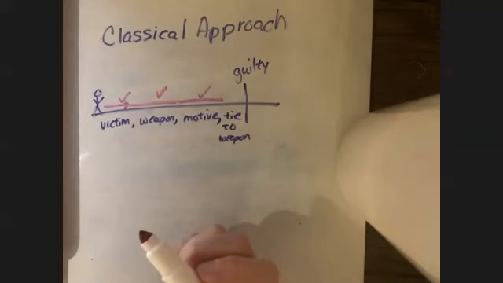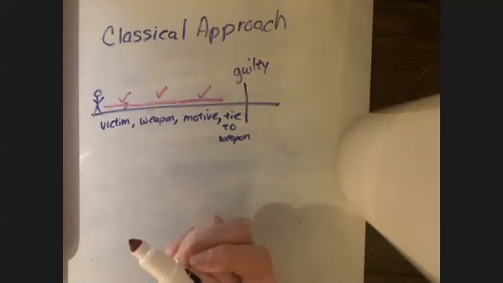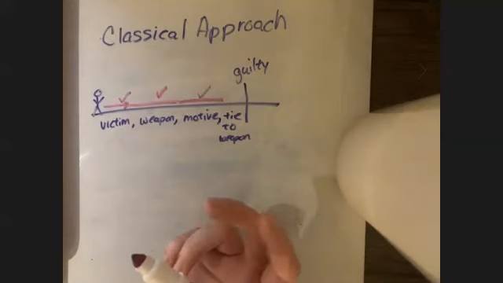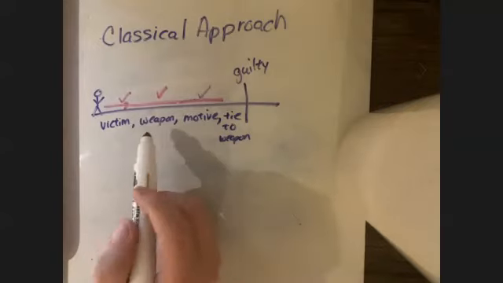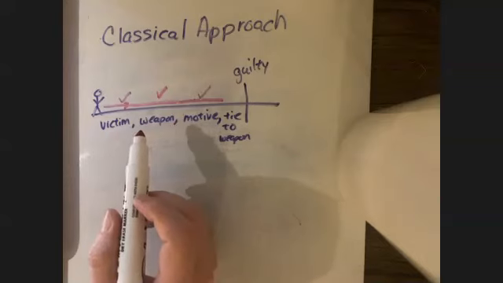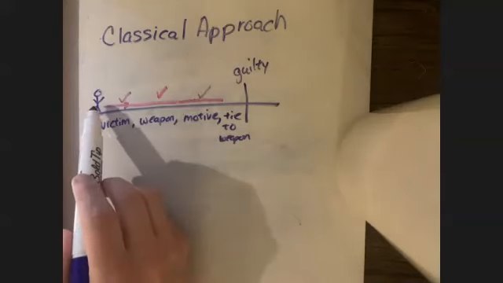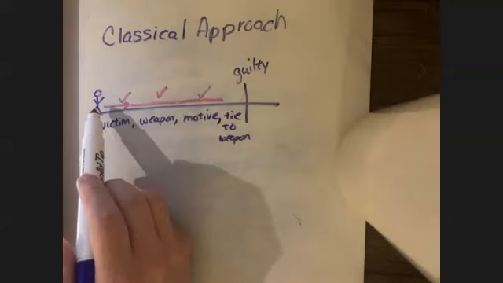So I've got people who heard them arguing over money the day before. Let's go with the weapon was found with the victim. And maybe I've got that this person bought some rope and some tarp at a hardware store.